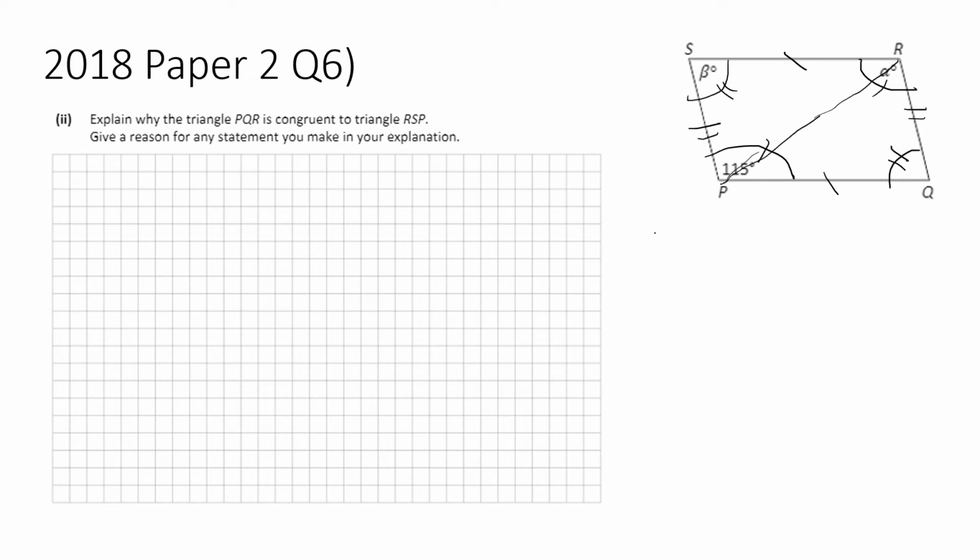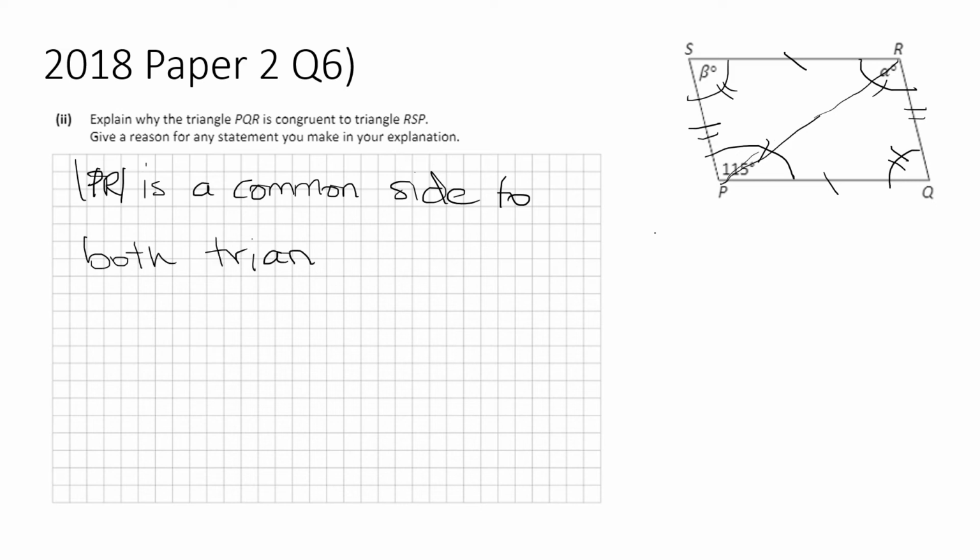So the first thing we can say is that the length from P to R is a common side, because when we look at triangle SPR and triangle RPQ, they both have that side here of P to R, so that's a side.